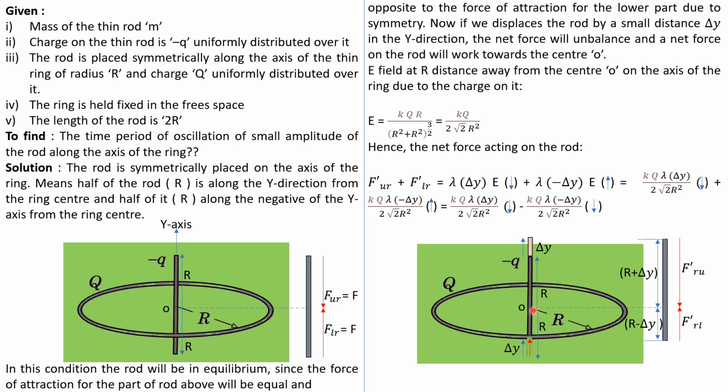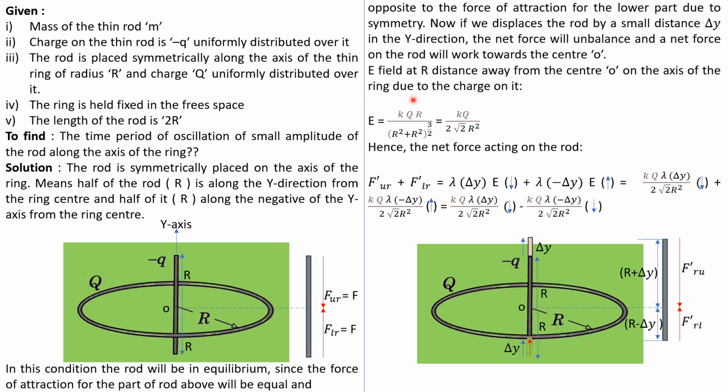It means the portion of the rod above the ring plane is increased by a length of delta y and the part below is reduced by a length of delta y.